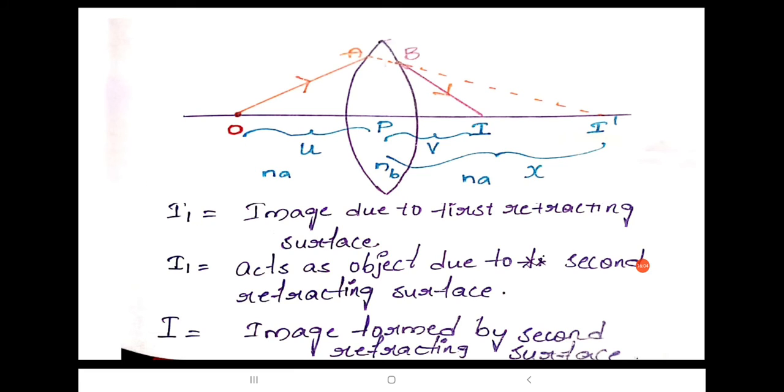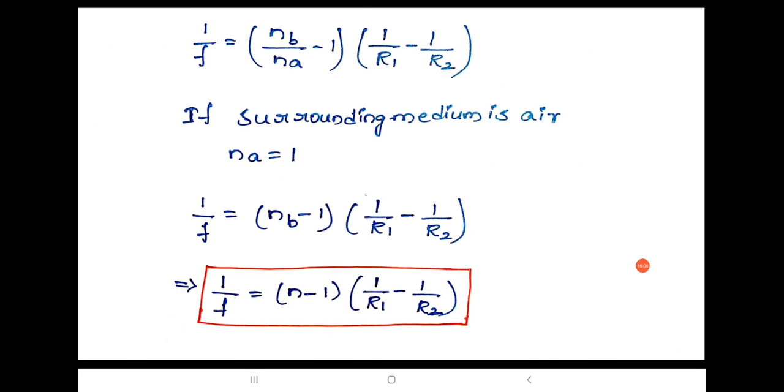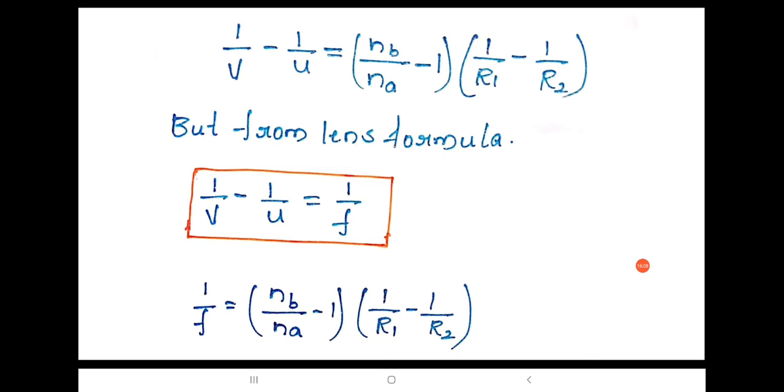By applying sign conventions, we will get 1/V minus 1/U equals (NB/NA minus 1) times (1/R1 minus 1/R2). Why are we taking minus?